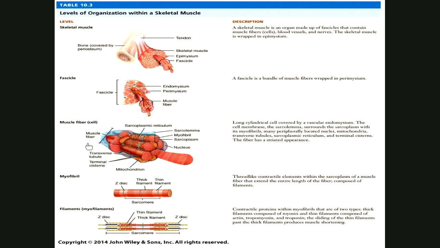So this is a muscle cell, which we'll talk about in much more detail. The muscle cell is made up of little tubes called myofibrils. Myofibrils are made up of filaments, myofilaments, and these filaments are either thick or thin filaments, and we'll get into this in a little while.